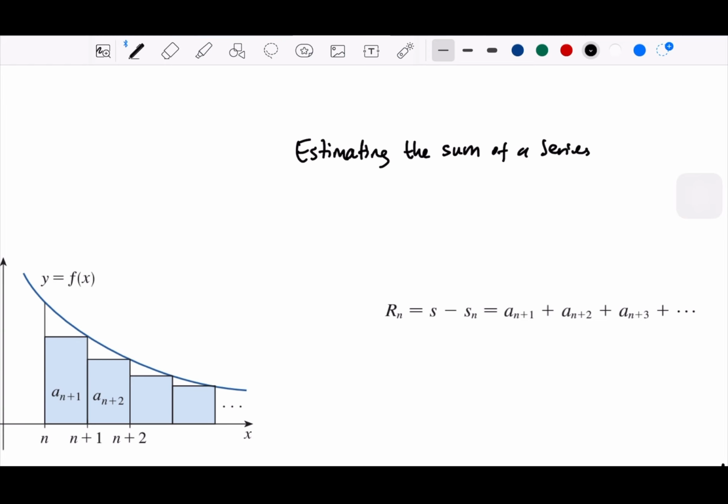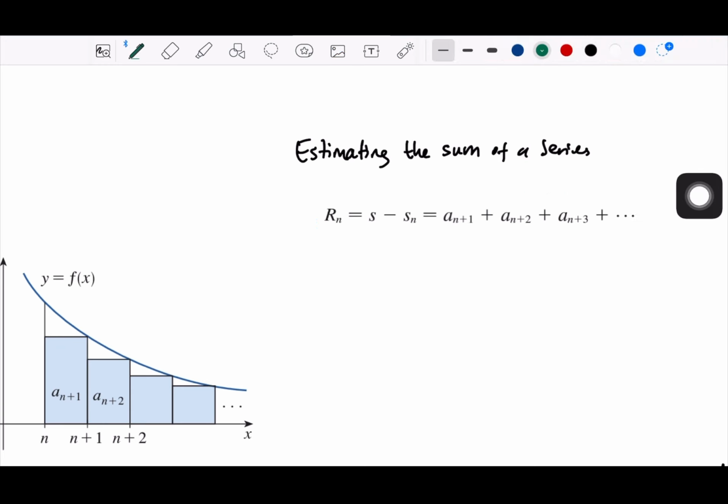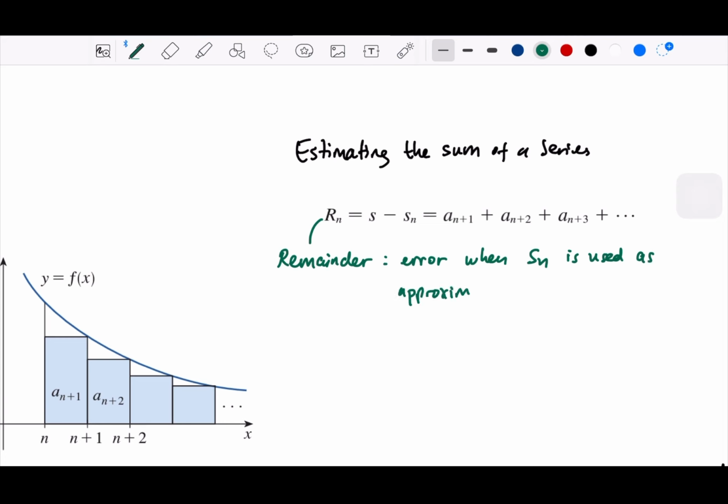So we start with the note that Rn, the R is the remainder, or we can say it's the error, okay, the error when the Sn is used as an approximation to the total sum.